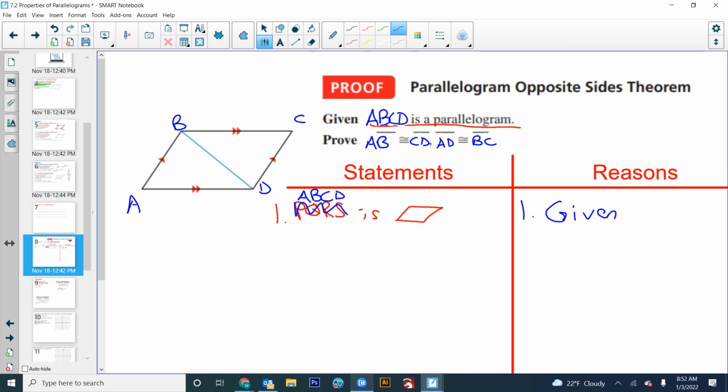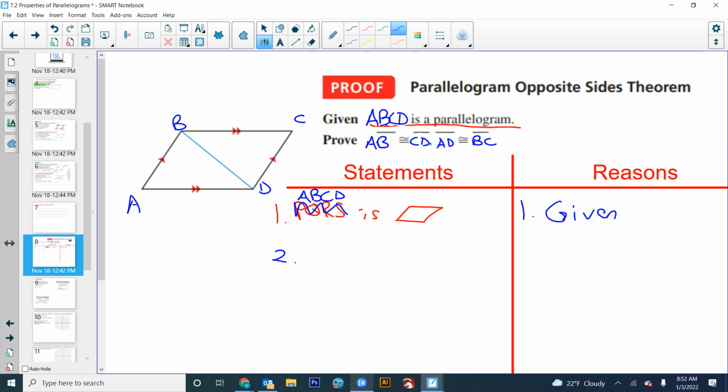Like there was an example before break where if I said AQ bisects PR and you wrote AQ bisects PR, it doesn't count as a tick mark until you've written out, oh, if this bisects this, then these two are congruent. You have to write it out. You can't just mark it in the picture. All right? So we have this as a parallelogram. As soon as you're told it's a parallelogram, all four properties are fair game, but you have to write them out.